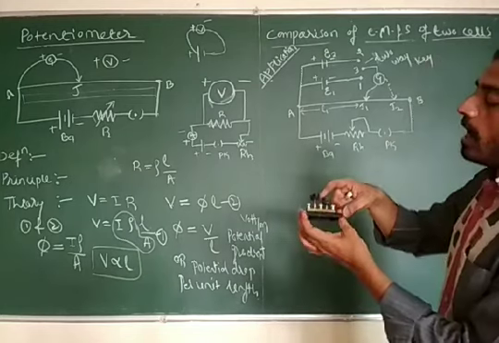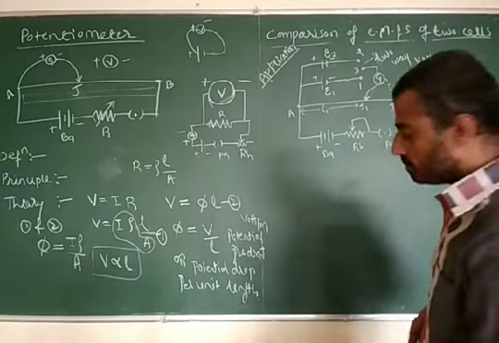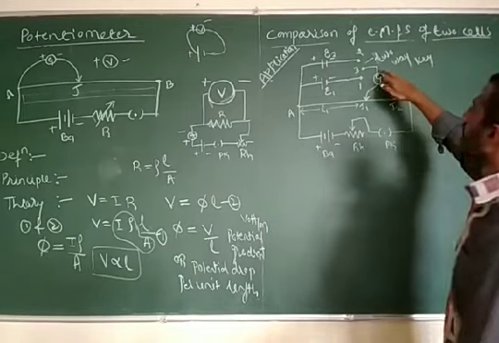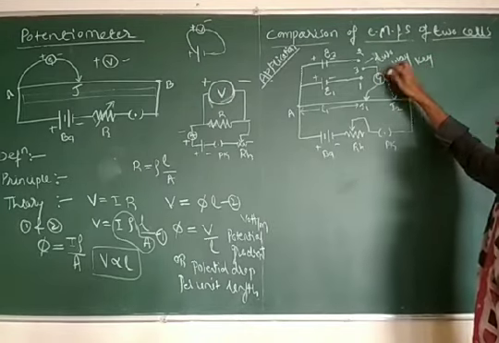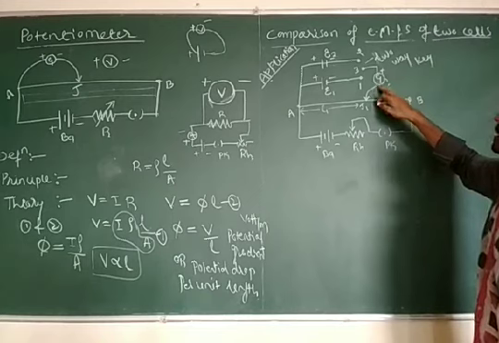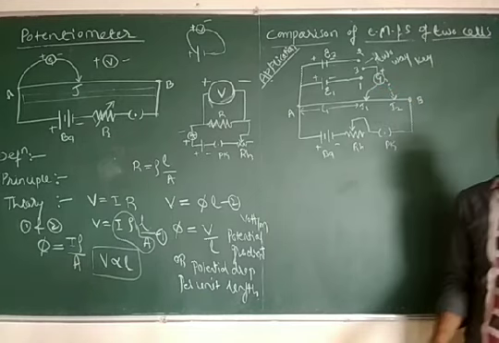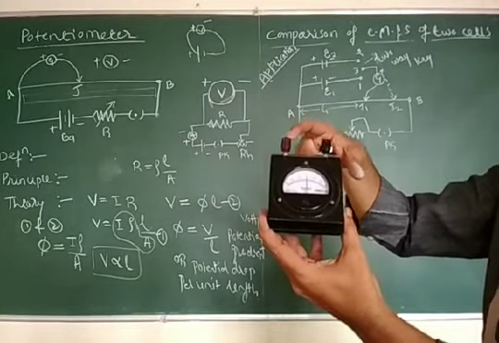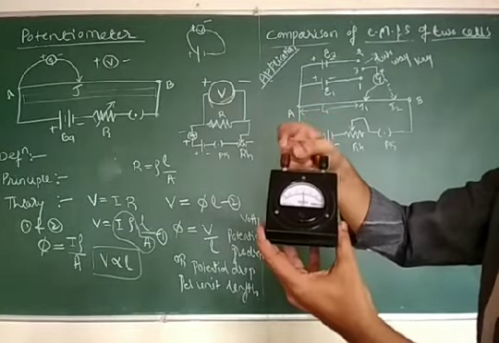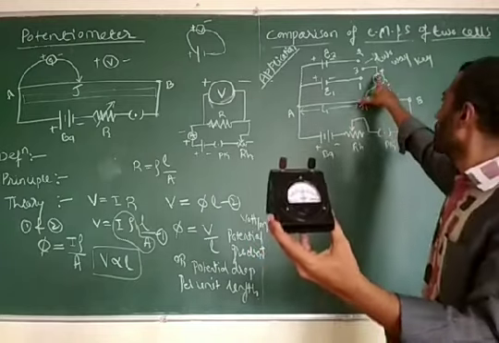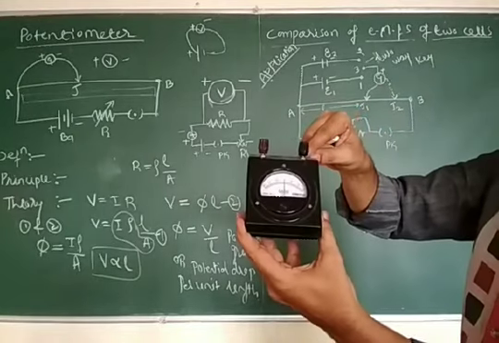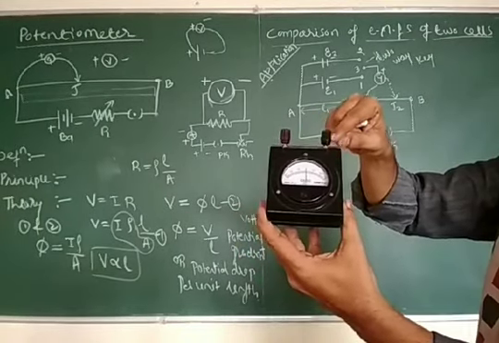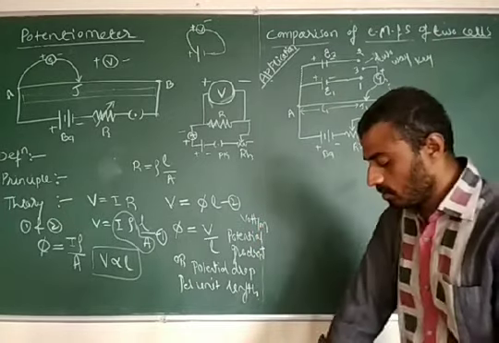From this common third terminal, the wire is connected to the galvanometer positive, and from the negative of the galvanometer to the jockey. This is the galvanometer shown already once. The positive of the galvanometer can be connected here with a connecting wire, and the negative of the galvanometer by taking one more wire to the jockey.